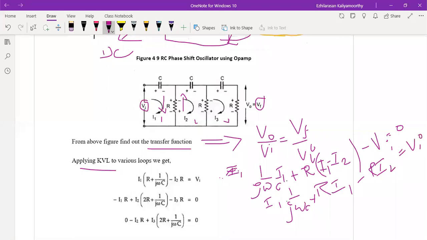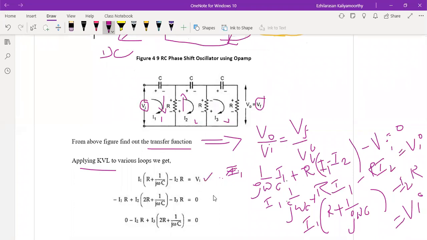Now take I1 as common: I1 times R plus 1 divided by j omega C, then minus I2 R is equal to Vi. This is nothing but the first equation.